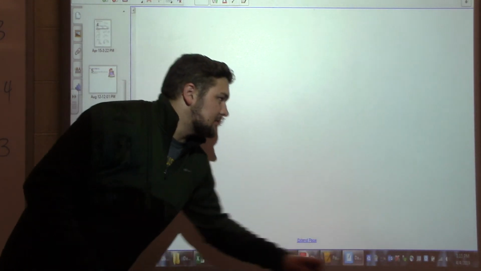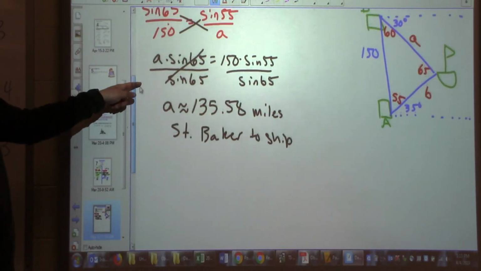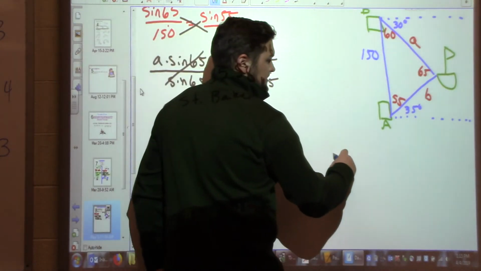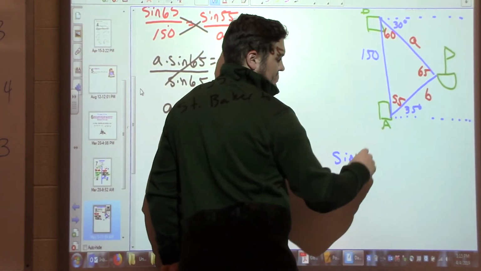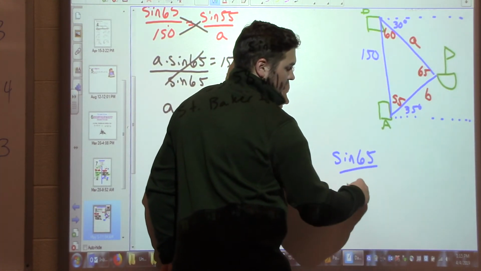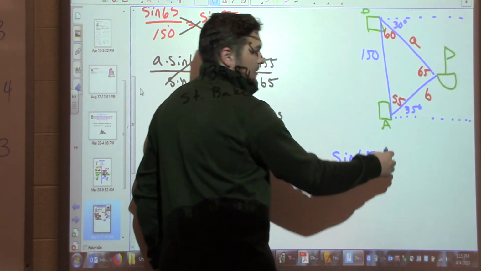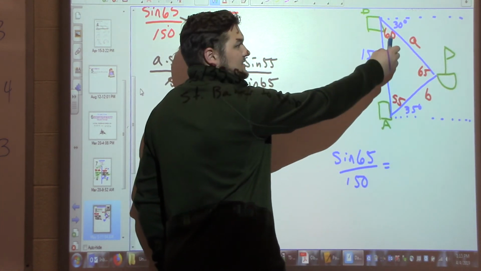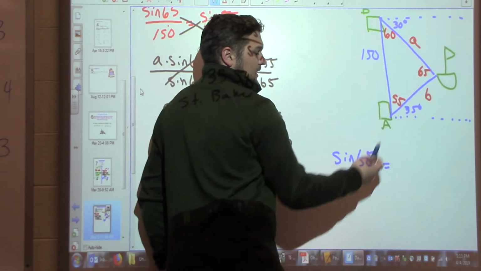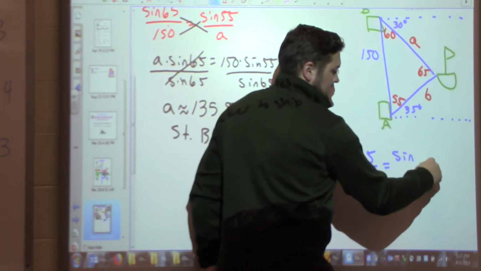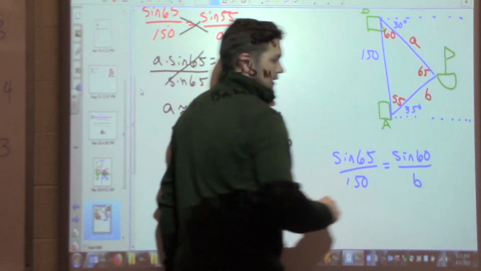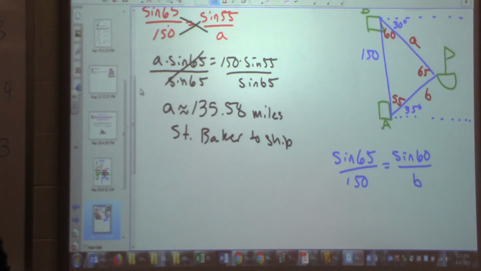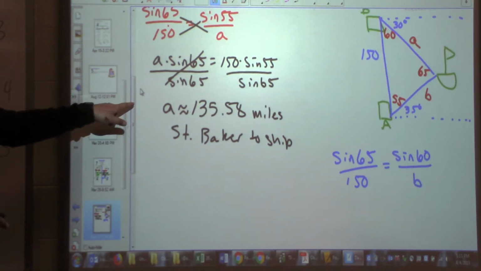So I'm going to do the same sort of thing, right? Still using law of sines. So sine of 65 degrees over 150 equals, now I'm using angle 60 to find B. Sine of 60 over B. Same sort of thing. Cross multiply and then solve.